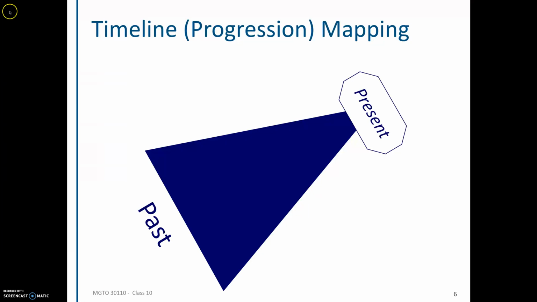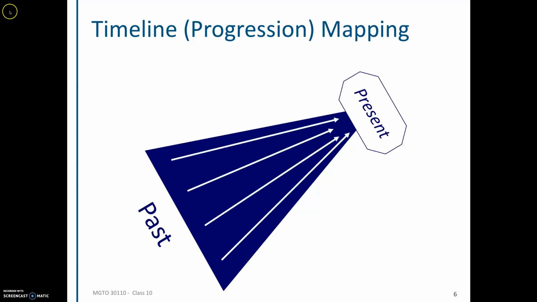So with the timeline mapping process, what we want to do is not just get an understanding of where we are now, right? What's the state of the art of the technology or the economics or the current societal situation, but equally important, from where have we come? And so we begin by looking at the past, and we find those evolutionary forces of change that have unfolded, and some of them are continuous and create an interesting dynamic of flow from the past smoothly into the present.